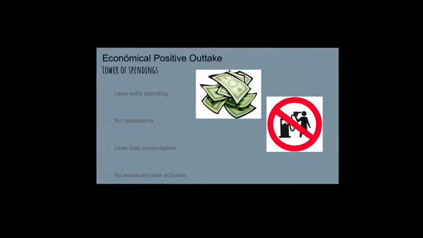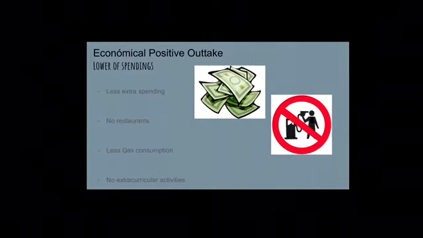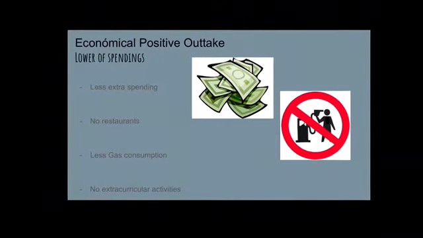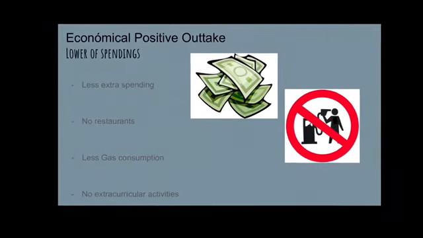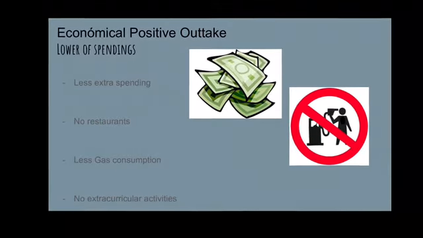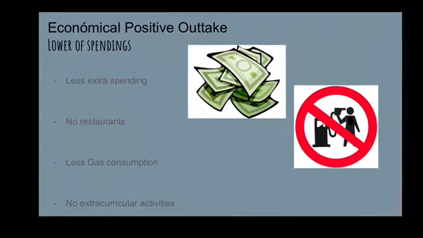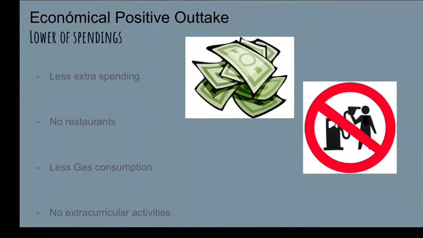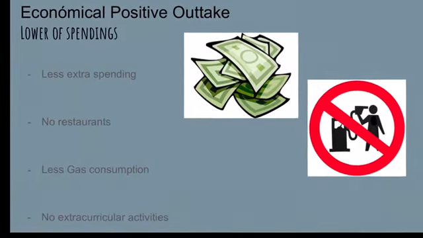There is also less gas consumption since they don't go out as much as they used to, and they stay home, so they don't waste so much gas. And many extracurricular activities have been canceled while on quarantine, so they don't have to pay for these activities, so we can see the lowering of spending in each individual.